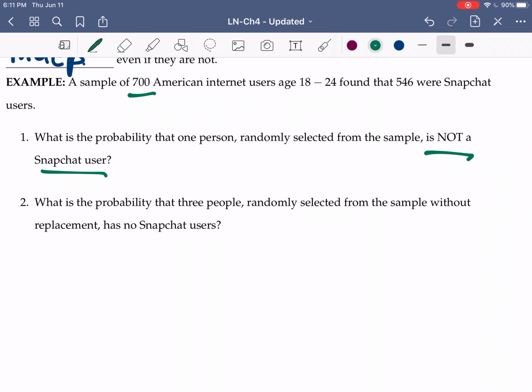Right, so the probability that they do use would be 546 out of 700. That's like 0.78.